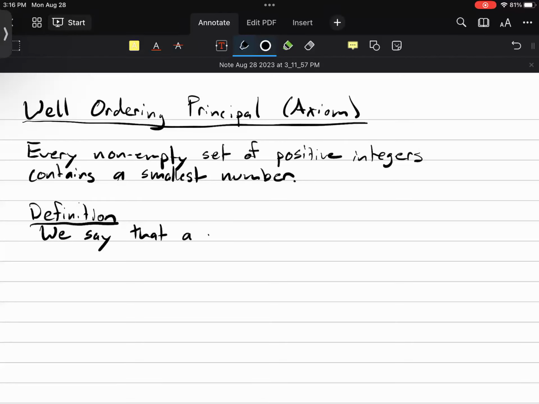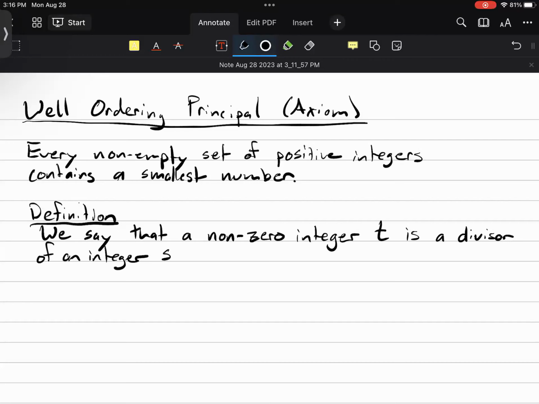We say that a non-zero integer, I'm just going to use lowercase t, is a divisor of an integer s if there's an integer u such that s is equal to t times u.